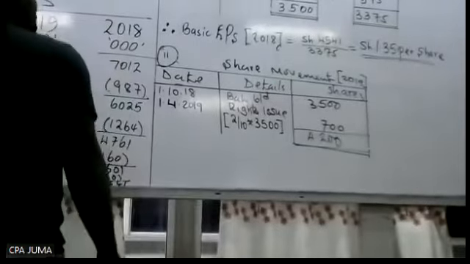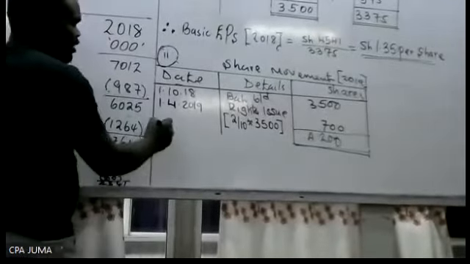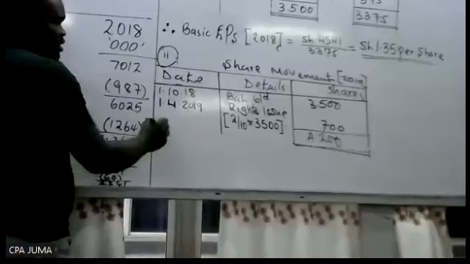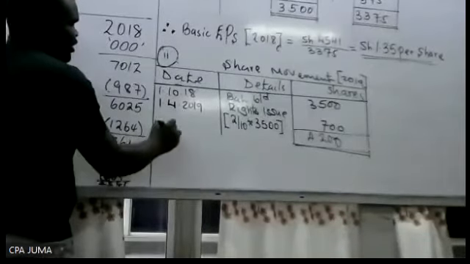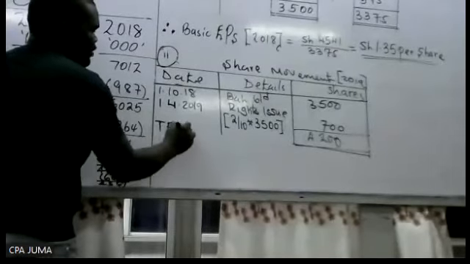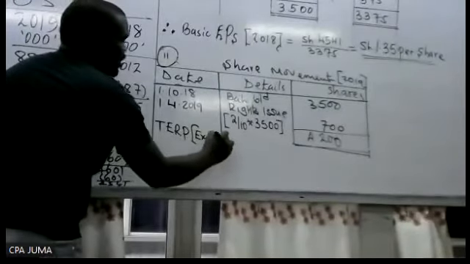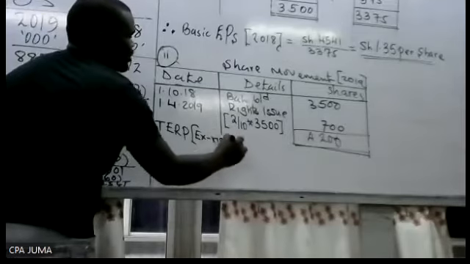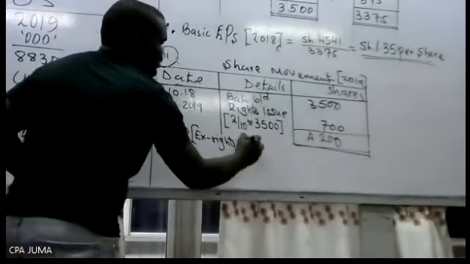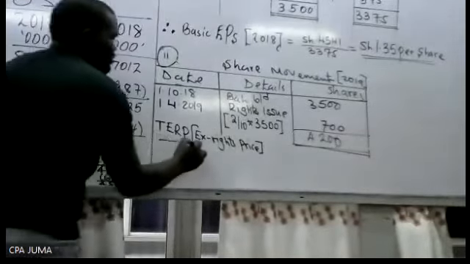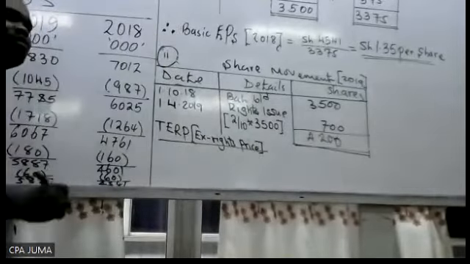It is very easy, like maths. The theoretical ex-rights price, TERP, is the average market price.